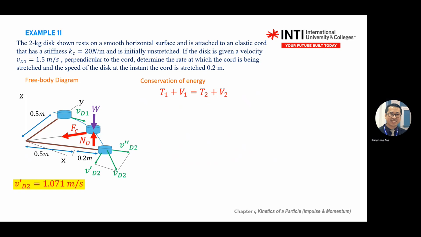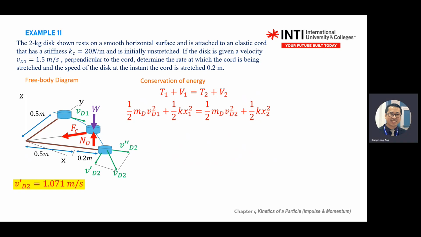So you have kinetic and potential energy. Right? You put it in there. In this case, you are moving on the same plane, so mgh is 0. But remember, in this case, the cord is elastic. It's like a spring.